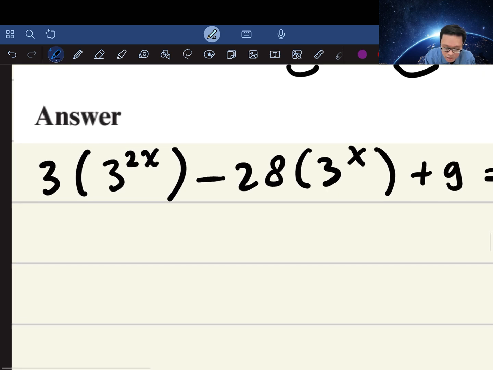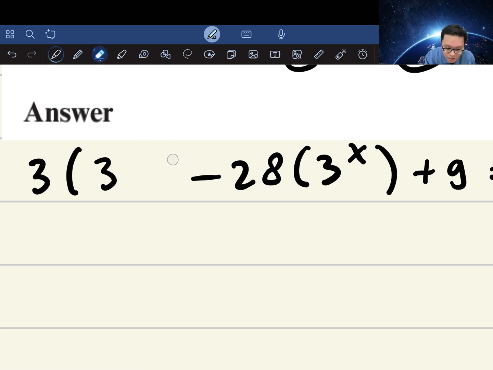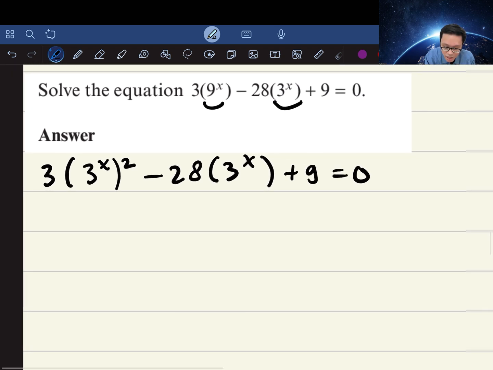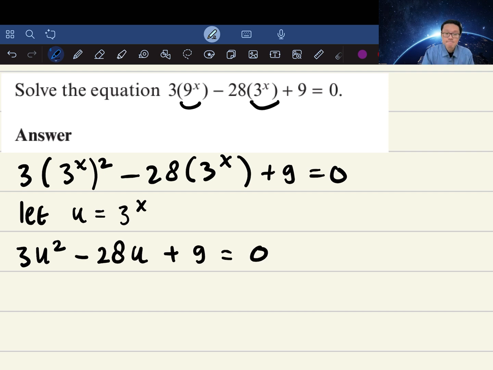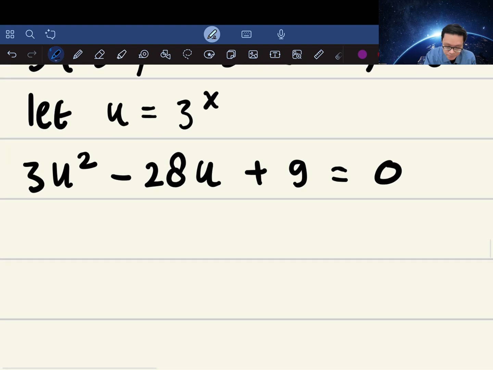Now we can rewrite this. 3^(2x) becomes (3^x) squared using the indices rule like this. So same thing, we have substitution for 3^x, and you can convert that into a quadratic equation like this. So the goal to solve this equation is to try to find a way to convert it into quadratic and you solve it.